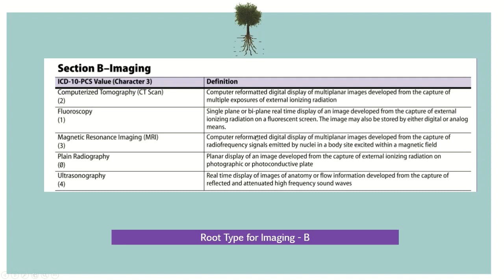You've got your MRI. This is computer reformatted digital display of multiplanar images developed from the capture of radio frequency signals emitted by nuclei in a body site excited within a magnetic field. And then you've got your plain radiography, and that is a traditional X-ray.